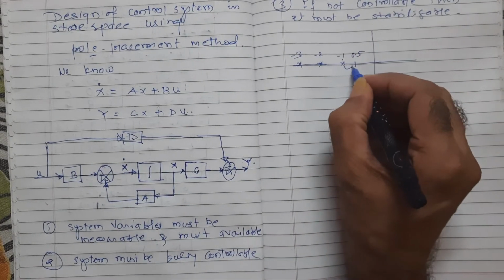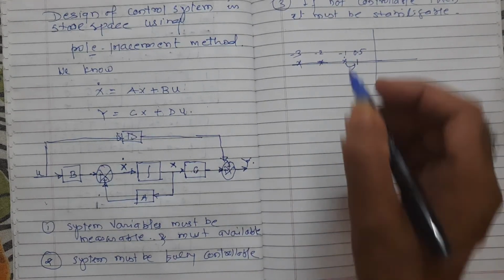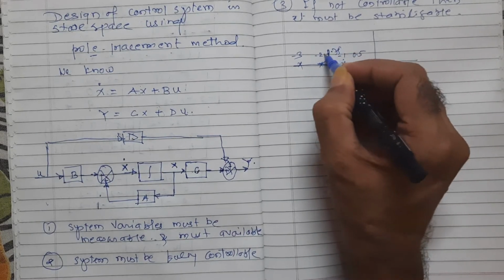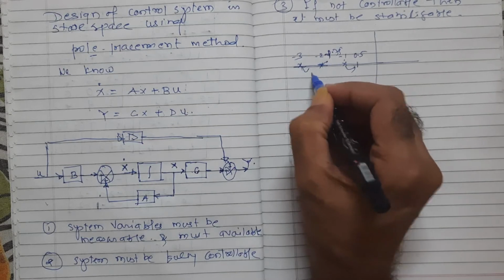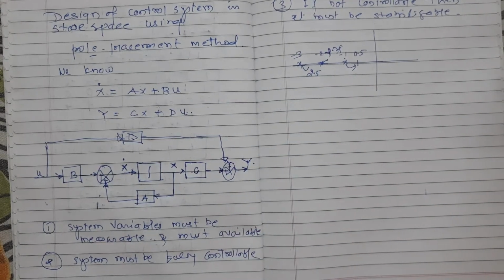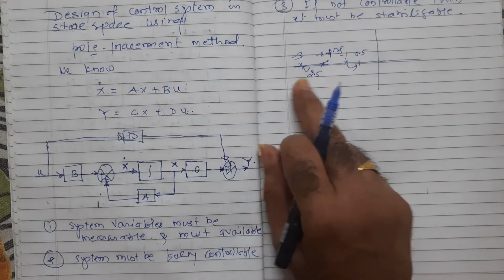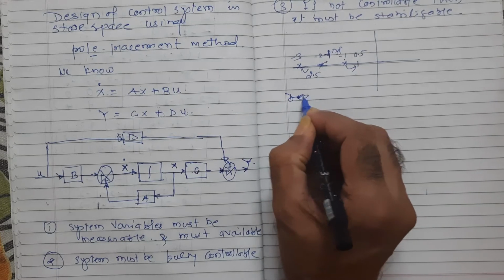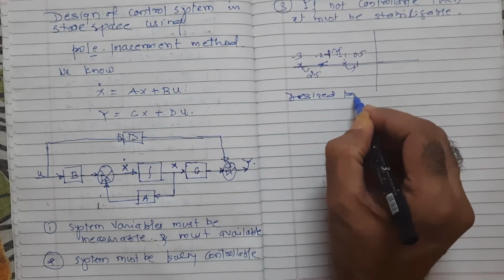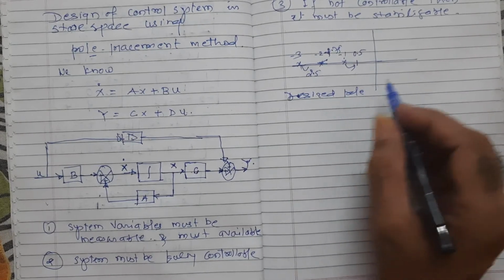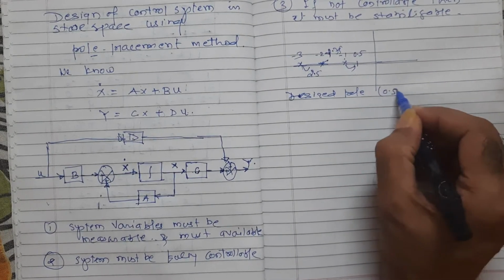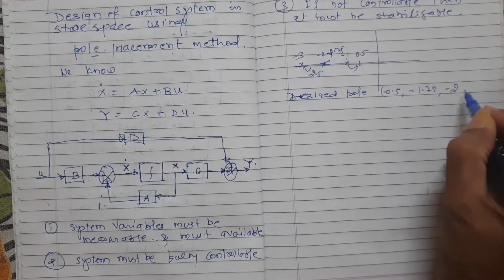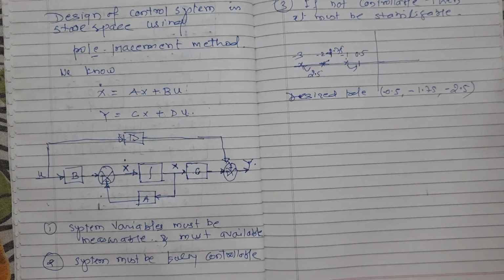This I want to move to -1.75, and this to -2.5. Now see here, these are my desired poles, that is -0.5, -1.75 and -2.5.